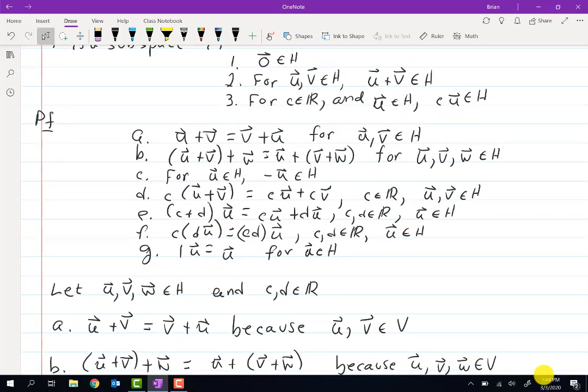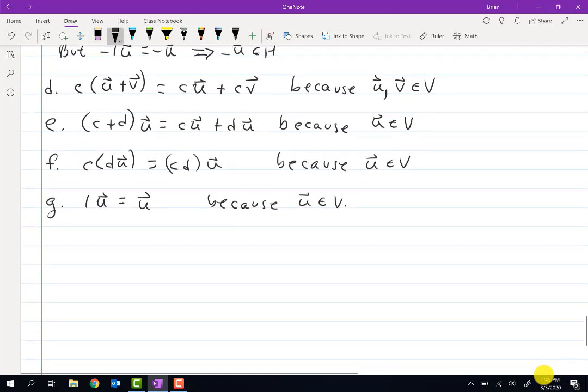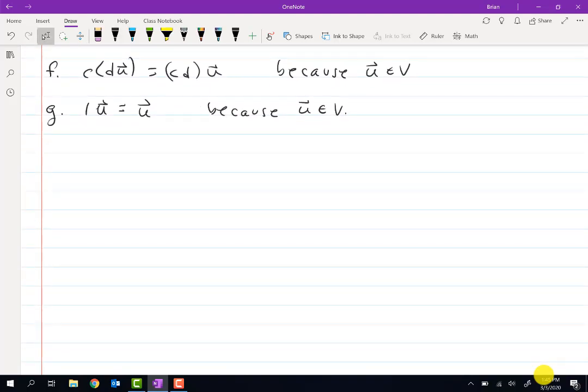Well, that's necessary for a vector space to be true. So we did not use it in any of these proofs. So this was necessary for H to even be considered a vector space. We had to have that be true. We did make direct use of number 3, though, in the proof when we looked at part G. That was necessary. And when we looked at part C. So part C and G actually made use of 3. Anyways, from now on, then, we only need to check those 3 items.